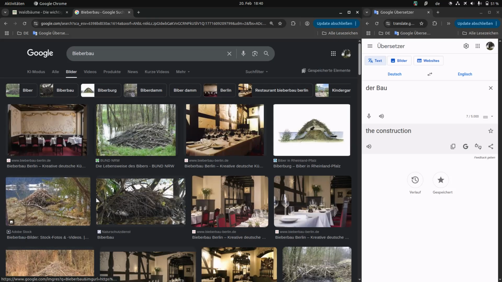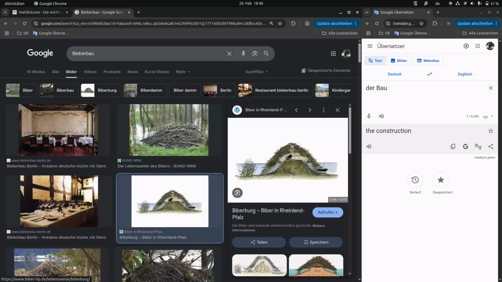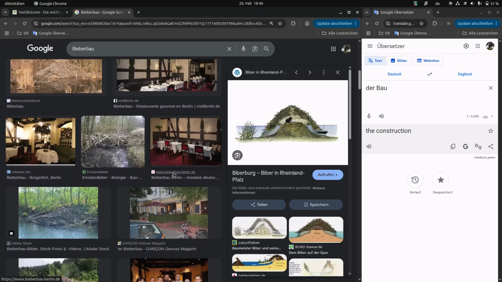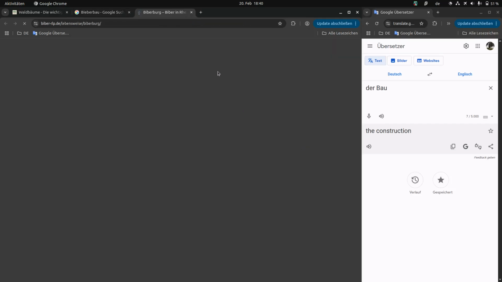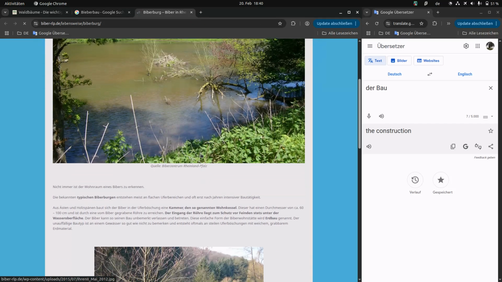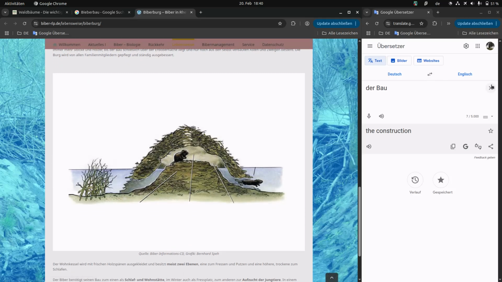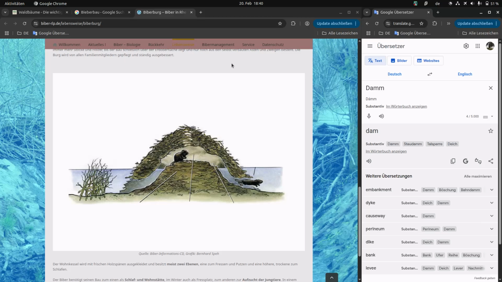I remember this from children's books, and I think they illustrated it this way. Sometimes it's also called Damm, but this is rather like a dam, where it looks like this.